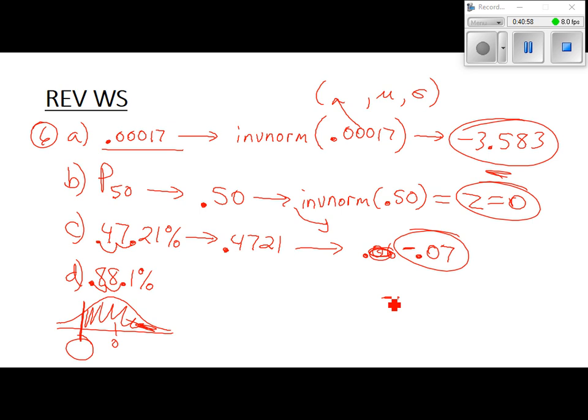If we do 88.1%, that's going to give you this over here, right? It should give you the same thing. Just to make sure though, what you might want to do is take 1 minus that 0.881, get that answer, and plug it into your calculator. What's the z-score?